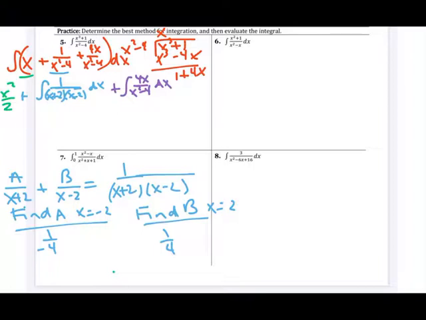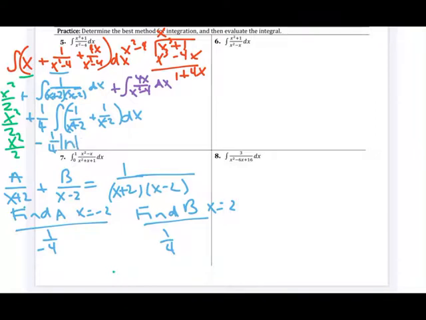So a is going to be negative 1/4, b is going to be positive 1/4. So I'm actually just going to factor 1/4 out of that entire integral and rewrite that. Now I'm going to come back and deal with that purple, but right now I can go ahead and actually complete this integration. That's going to be minus 1/4 natural log of the absolute value of x plus 2 plus 1/4 times natural log of the absolute value of x minus 2.